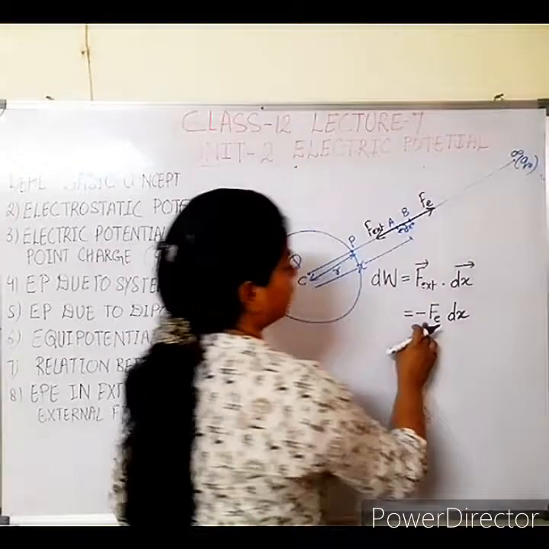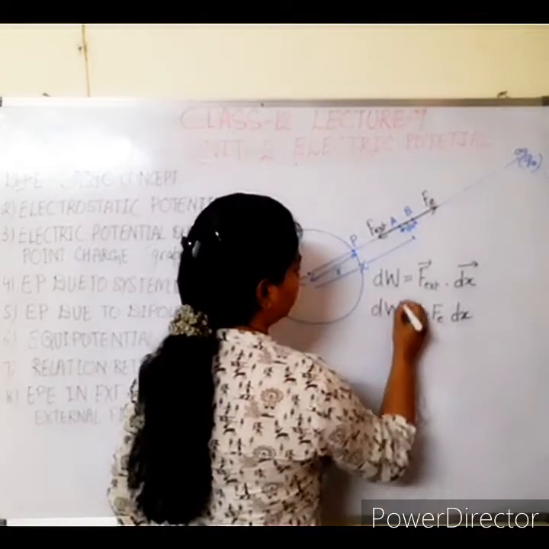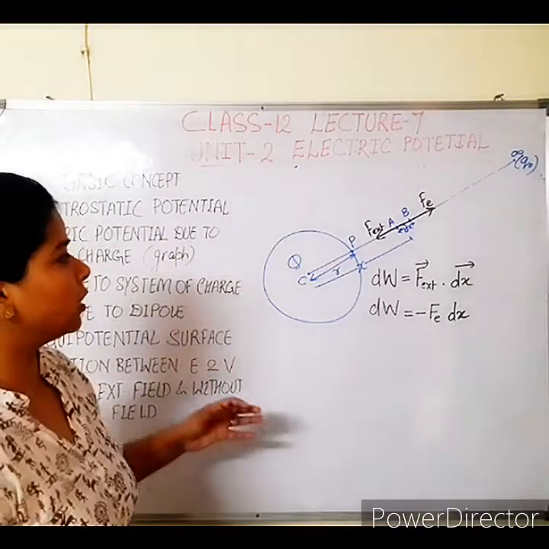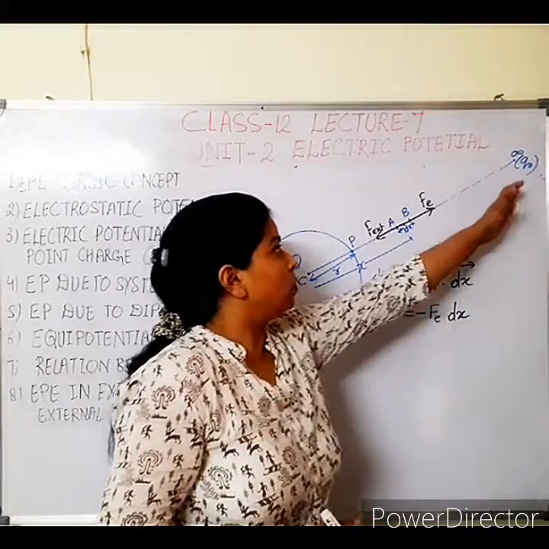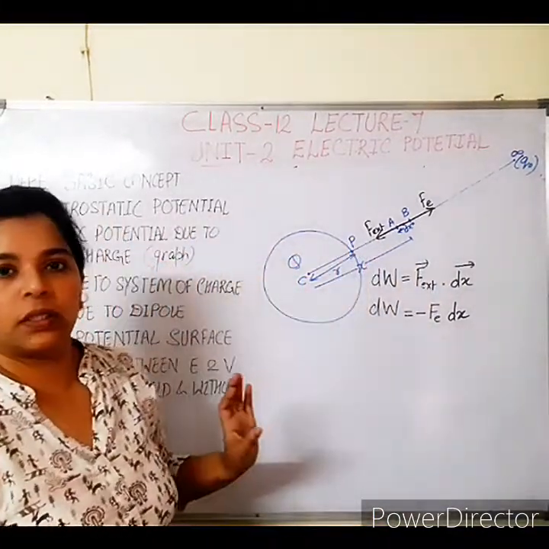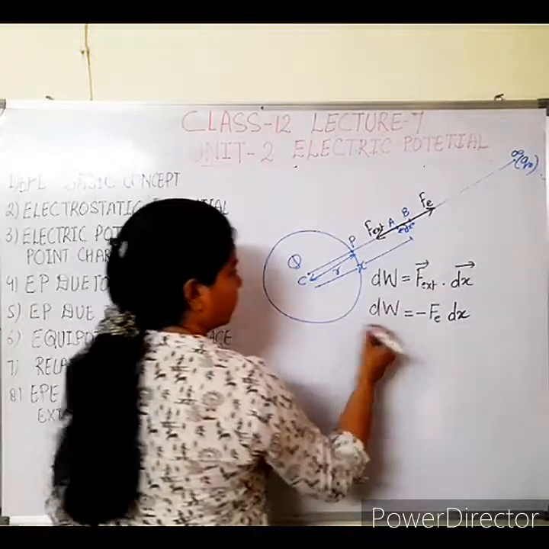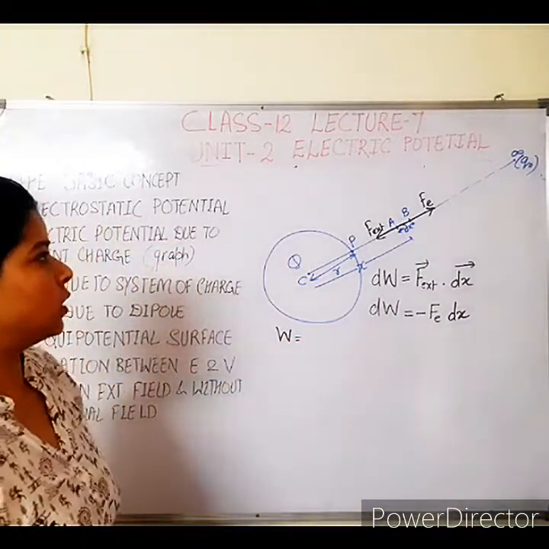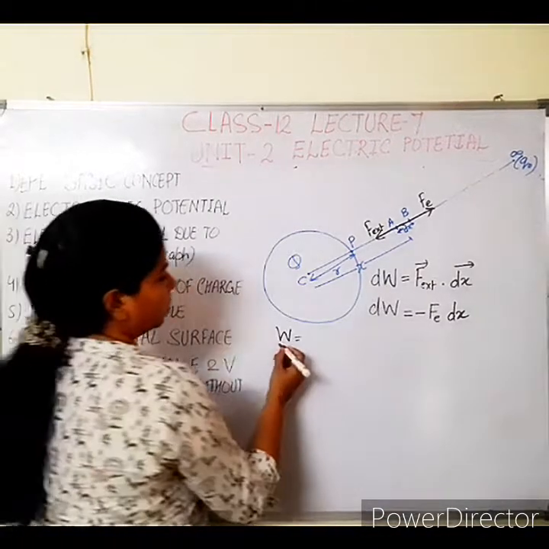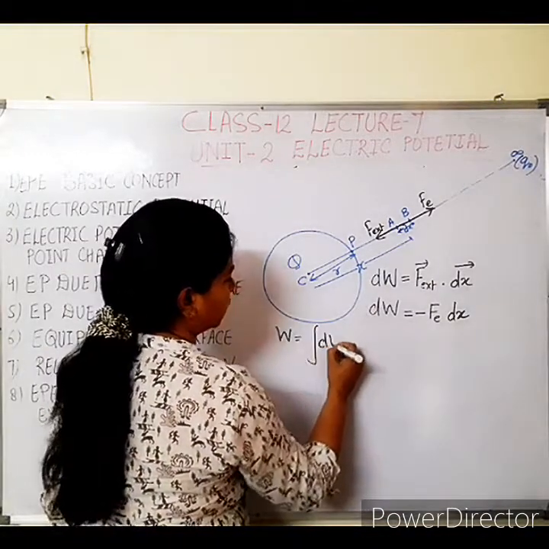Now Fe dx, this is the value of dW. We need to calculate the whole amount of work, in accordance with the definition, from the infinity distance to the point P distance from the center point. So the total amount of work done to bring the test charge from infinity to point P should be the integration of dW.